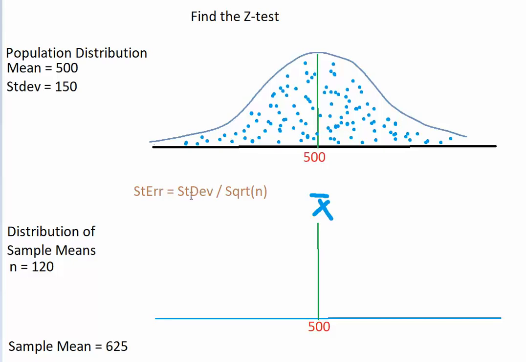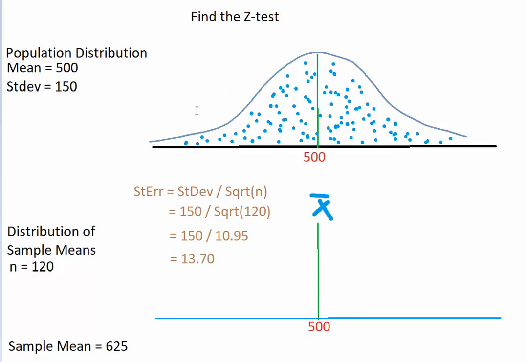And it's going to be the standard deviation divided by the square root of n. So we put 150 in for our standard deviation, and we put 120 in for our sample size. The square root of 120 is going to be 10.95, so we have 150, the standard deviation, divided by 10.95. And that's going to give us a standard error of 13.70.